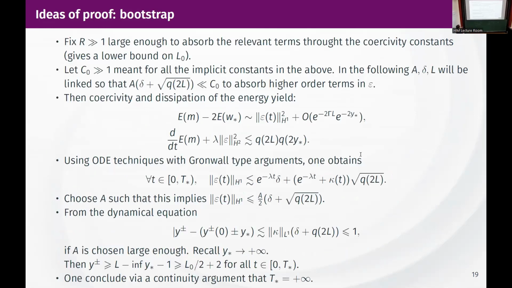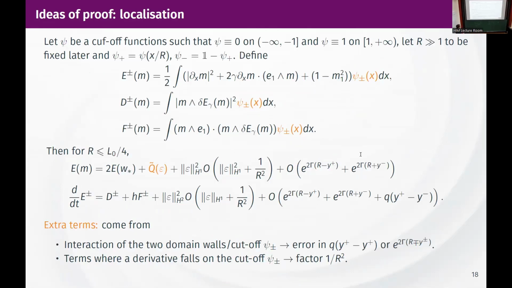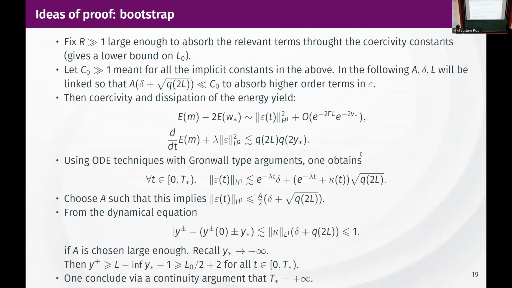Then I have my capital A as before, and I relate my capital A and delta so that these error terms from the modulation are small, and this absorbs all the cubic terms in F star. So with the large R, I get rid of this, and with the relation between A and delta, I get rid of these two terms. And so what I get is this.